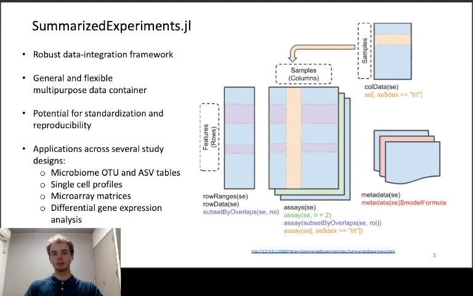So this type of data structure gives a very solid integration framework because it includes multiple layers of an experiment in a comprehensive manner, which makes it easy to perform analysis both within and across different assays. Thanks to its general and flexible structure, this object is suitable for a number of case studies and experimental designs.